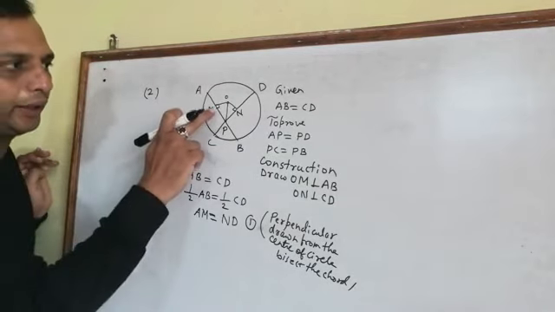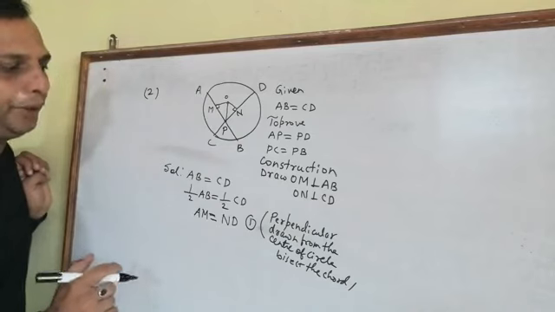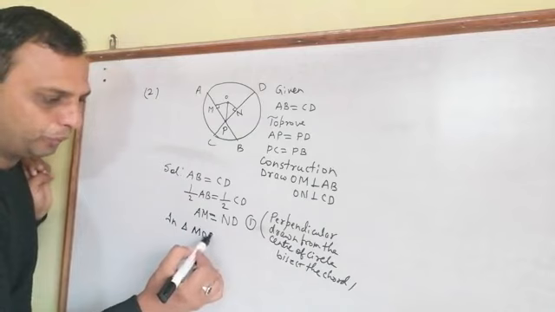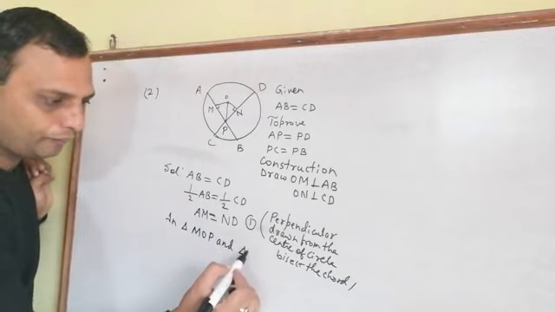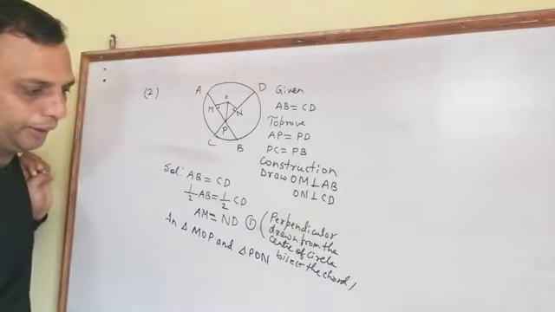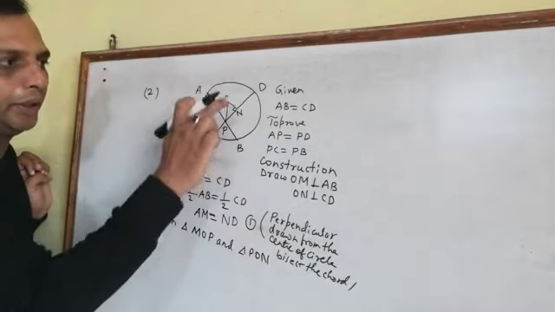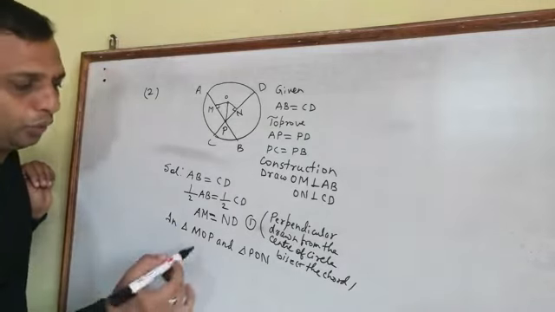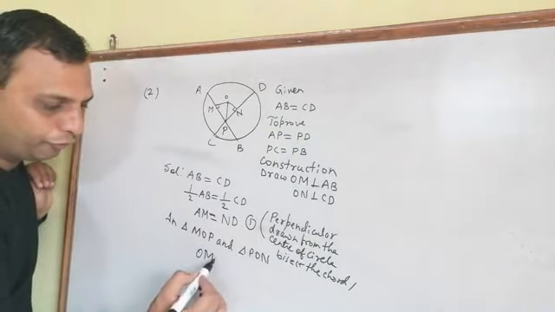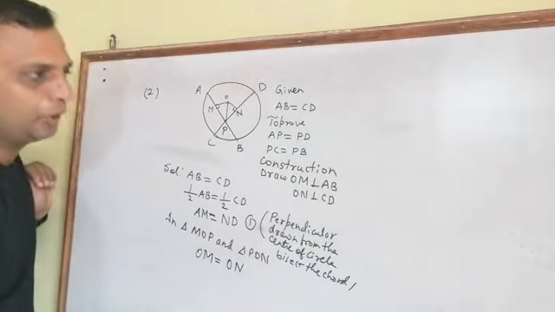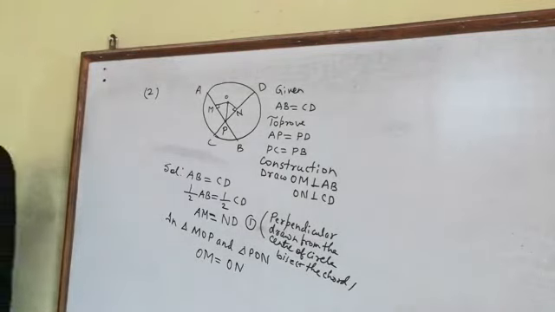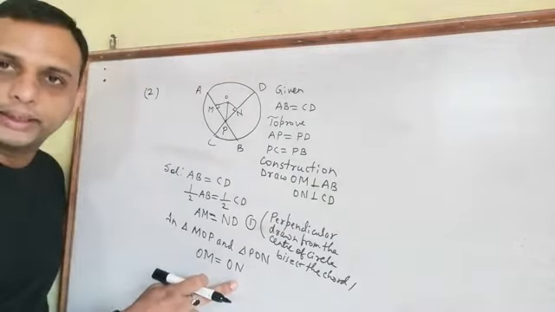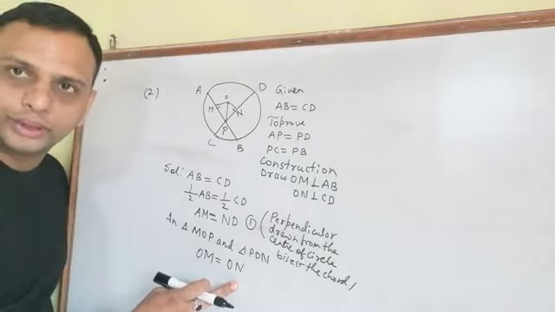Now we will take the triangles MOP and PON. In triangle MOP and PON, these two triangles we have taken. So in these triangles, OM will be equal to ON. From where did this step come? Just now we studied a theorem: if two chords are equal, then they will be equidistant from the center.